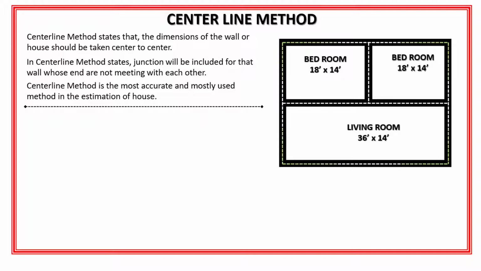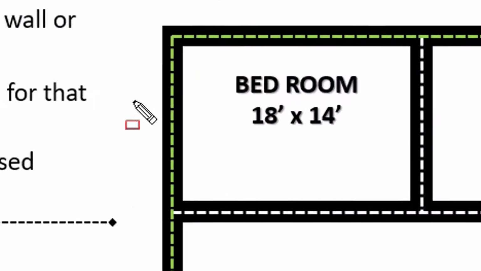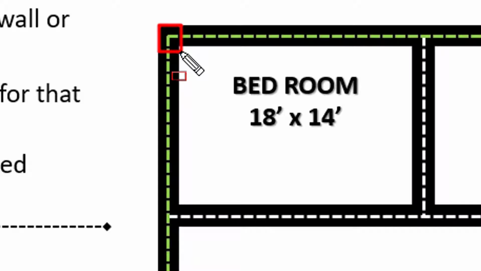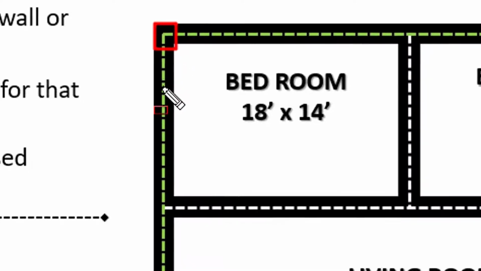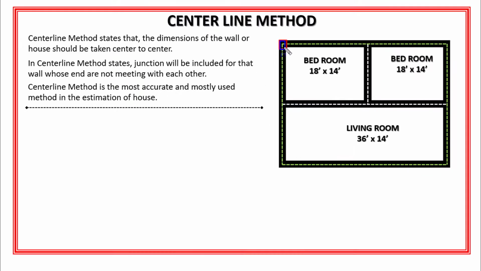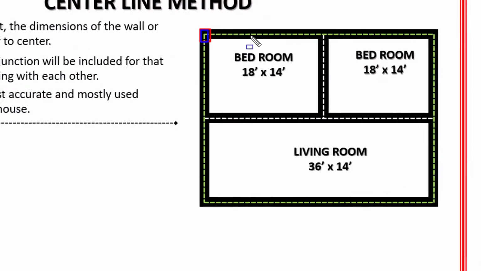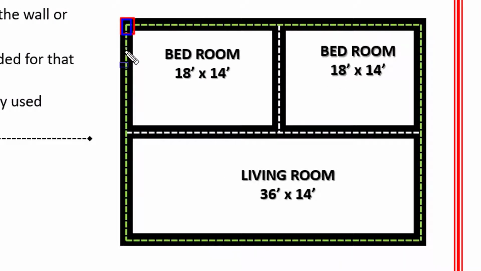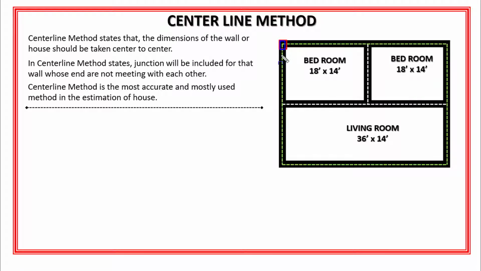The first center line will start from this corner, go all the way along the center of these outer solid walls, and at the end it will meet the line from where it started. As you can see, this green line starts from this point and ends at the same point. So this green center line will be considered as a single line.